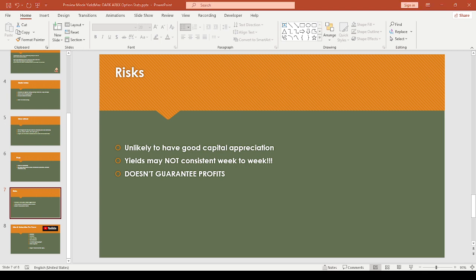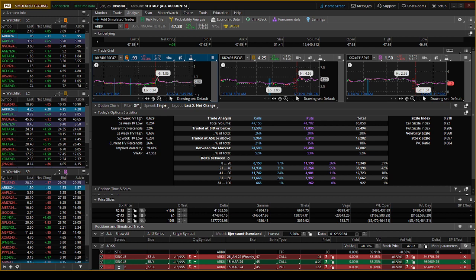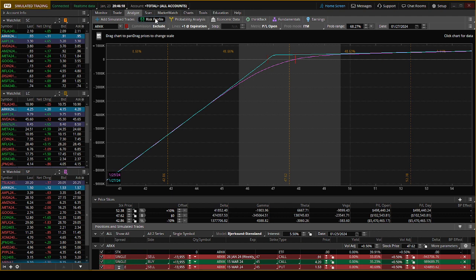Give me 1 second. Let me pop into the trading platform again because I do want to show you guys one other thing. There are also things like this that are possible to see in the risk profile. This is just a basic view of what the position would look like, and it will be similar to all option P&L graphs.